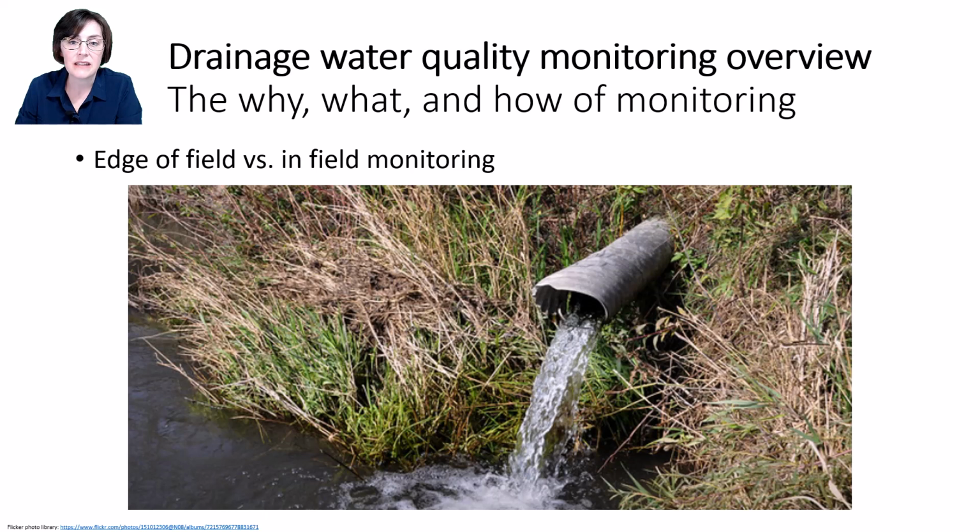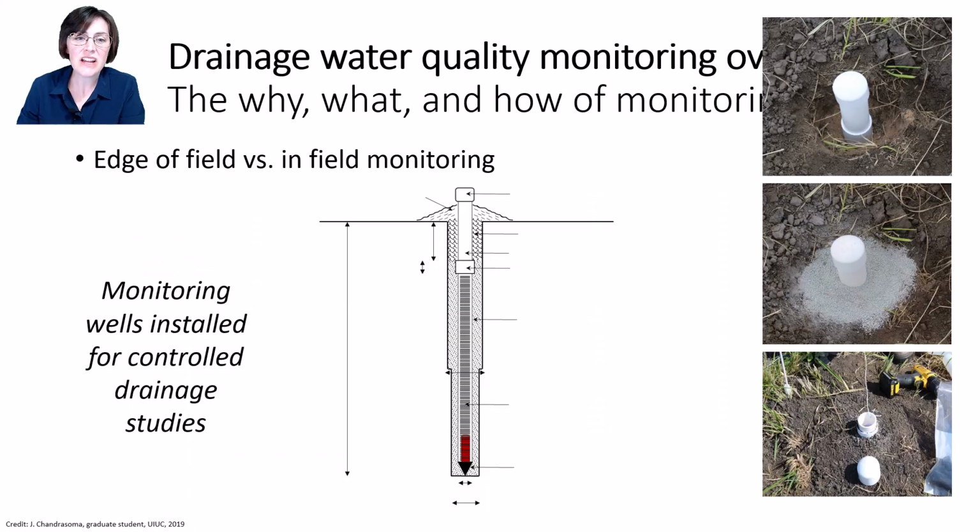As you would guess, this monitoring is necessarily done literally at the edge of the field, or in some cases at the edge of a plot if we're doing plot scale research, which I talk about later on in this module. That's not to say water people aren't interested in the in-field water quality or quantity. We do often use monitoring wells, piezometers, lysimeters, tensiometers, etc. to evaluate water movement and water quality in the field. But this module focuses on edge-of-field monitoring.